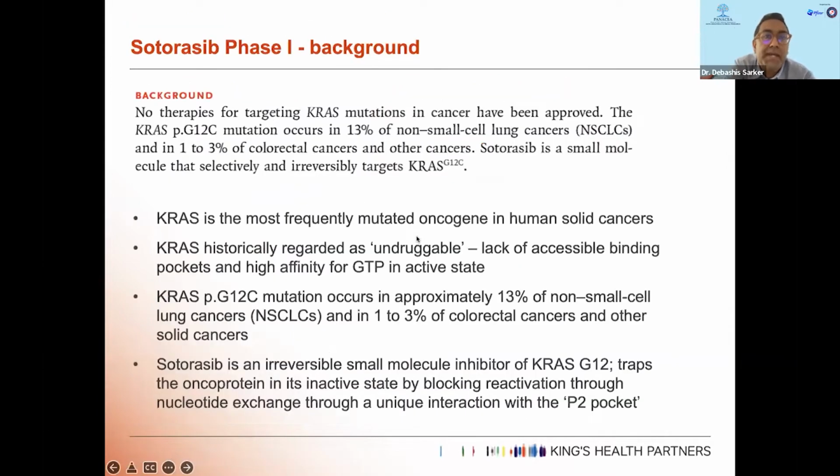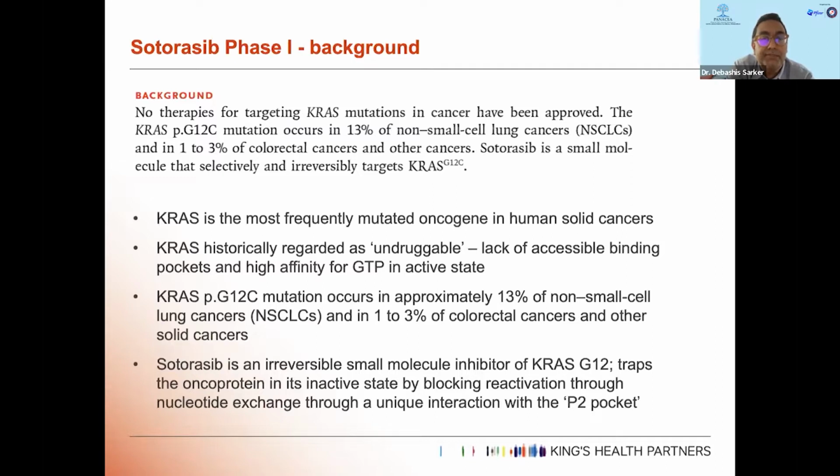So what is the background to this? So Sotorasib is basically a drug which targets KRAS G12C mutations. So KRAS, you'll probably be aware, is the most frequently mutated oncogene in human solid cancers. And historically, it's been regarded as being undruggable.